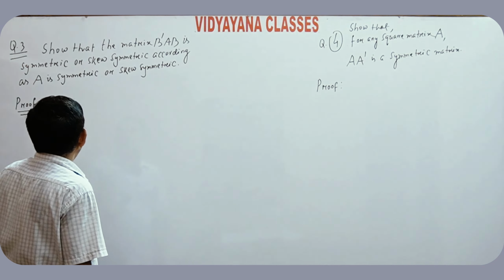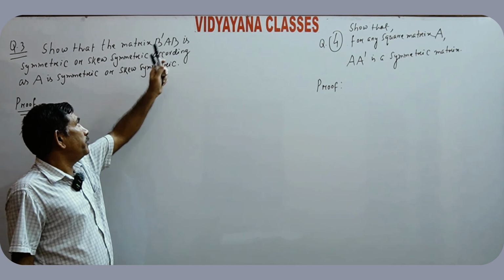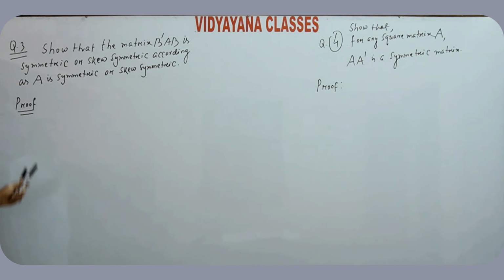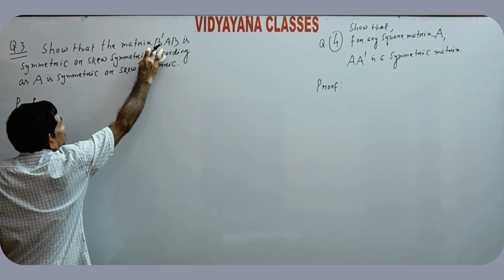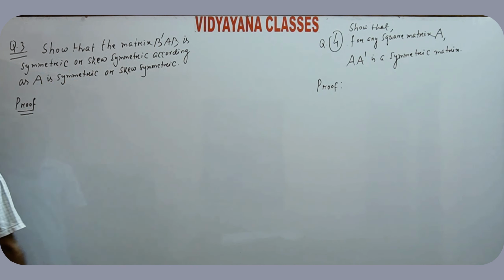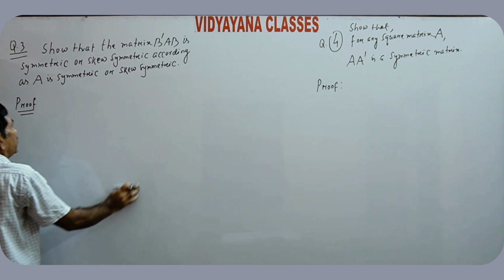Question number 3. Prove that the matrix B dash A B is symmetric or skew symmetric according as A is symmetric or skew symmetric. We have to prove B dash A B is symmetric or skew symmetric according as A is symmetric or skew symmetric.